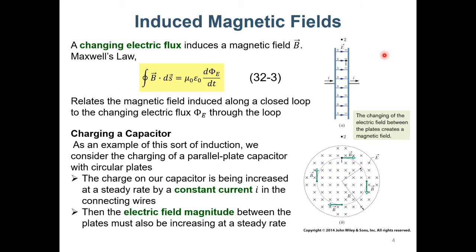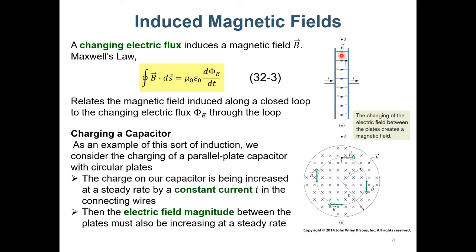For example, suppose this is a capacitor, and there is a current charging this capacitor. From the beginning, there is no charge on either plate, and as long as there is some current, the accumulated charge starts to increase.